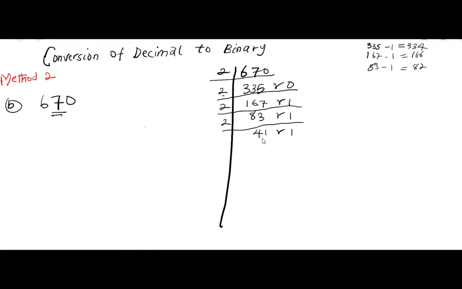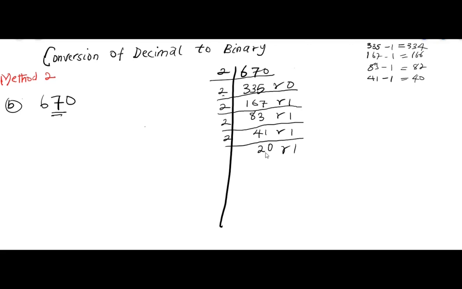Then 41 divided by 2, you have 20 in here. Since 41 is not an even number, you have 41 minus 1, which equals 40. So you have 40 divided by 2, then you have 20, and since you subtracted 1 from it, you have your remainder 1. Then have your line.